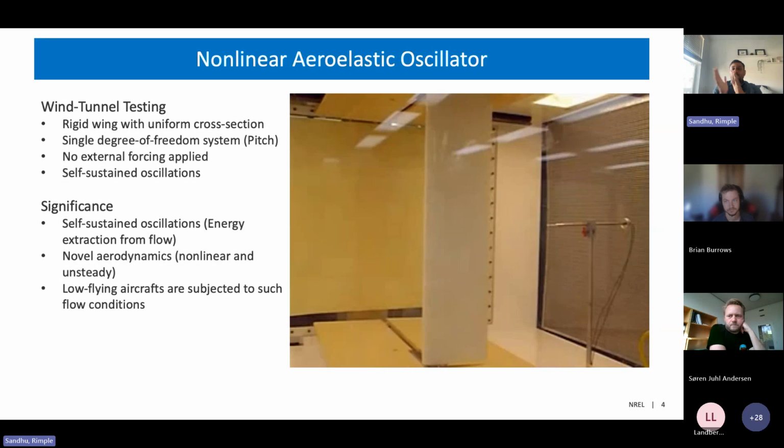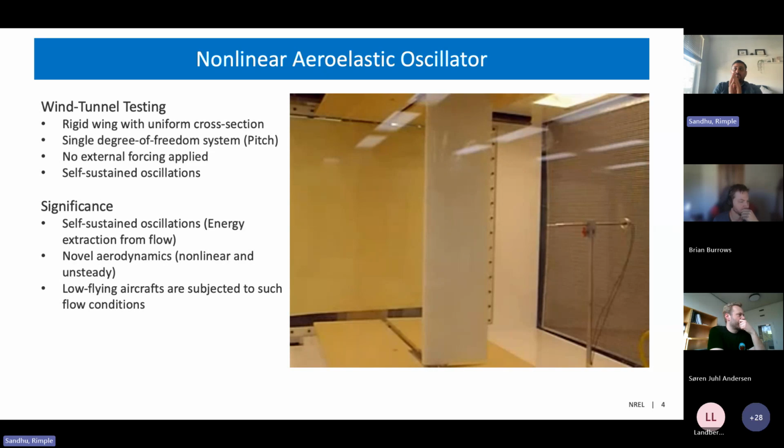This is also important because this type of phenomenon could be observed in low-flying aircraft like unmanned aerial vehicles. You don't want these aircraft to suddenly have self-sustained oscillations, because it could be detrimental to the aircraft and the aircraft wing. So there are both positives and negatives, but the key point is we need to understand the aerodynamics.